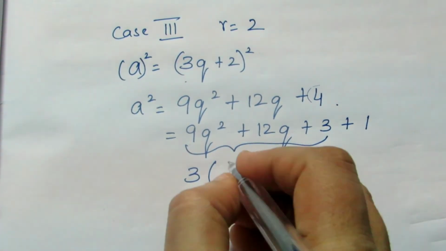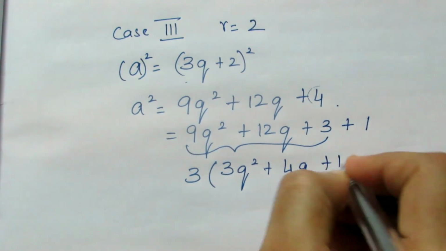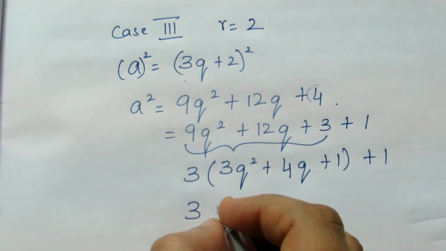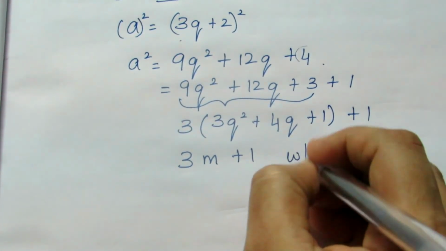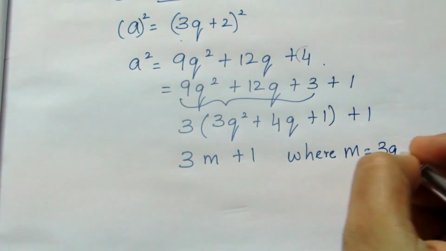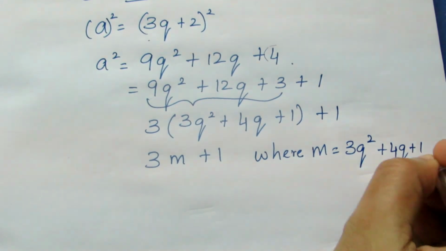If I take 3 common, this becomes 3q square plus 4q plus 1, with plus 1. And here I can modify this to be 3m plus 1. In this case, my m will be equal to the bracket, that is 3q square plus 4q plus 1.